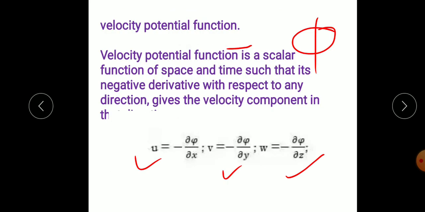The negative sign means the velocity potential function decreases in the direction of the flow, therefore the minus sign is here. So the derivative of the velocity potential function gives the velocity component in that direction.